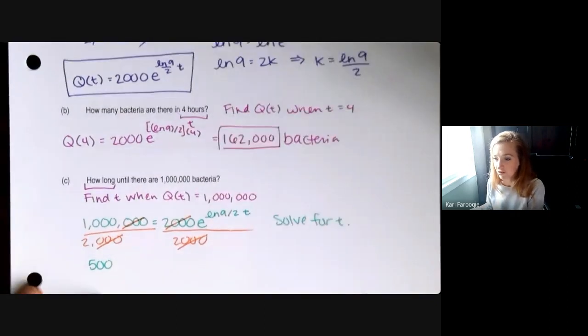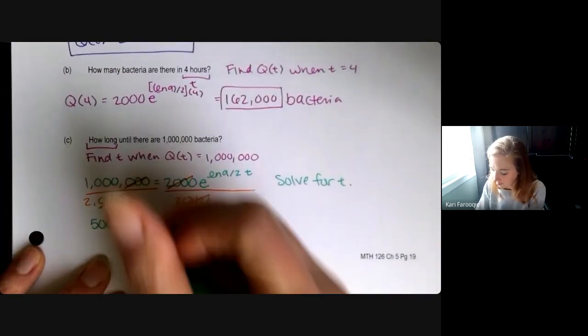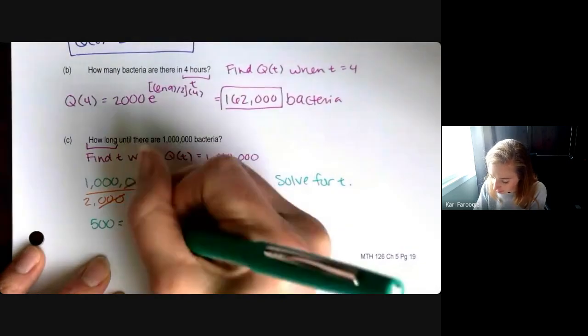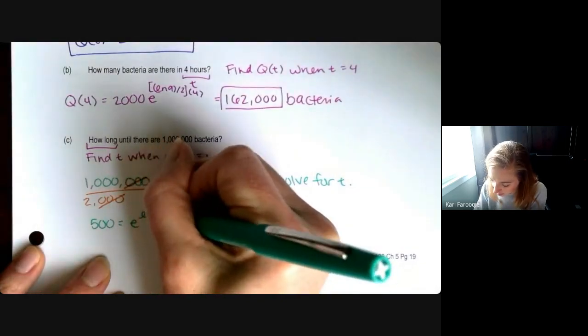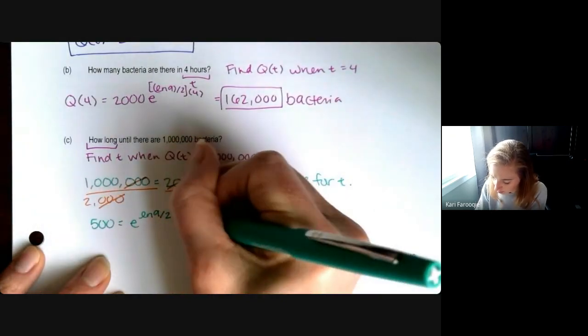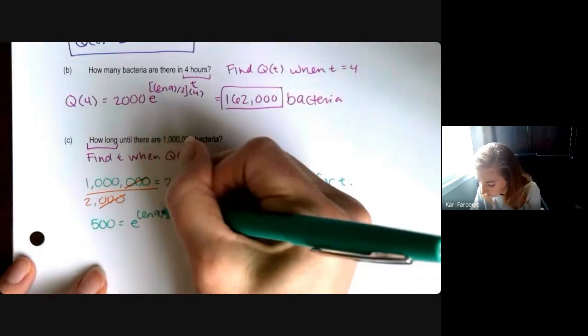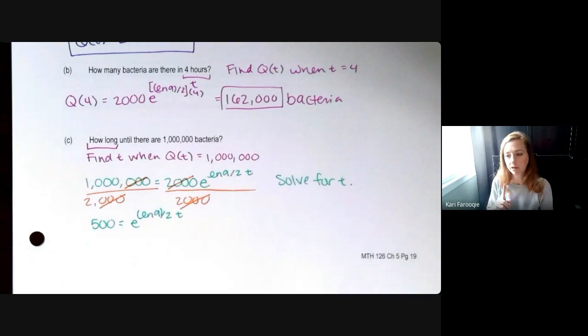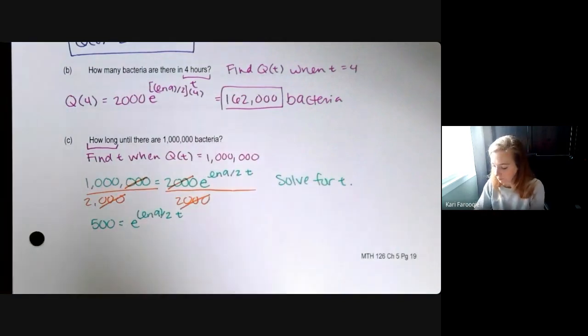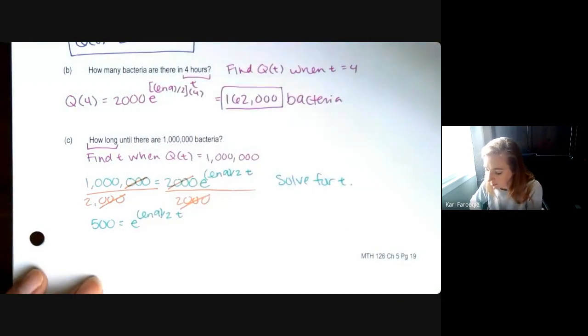So 500 is e to the ln 9 over 2 t. And I want to make sure this is not ln 9 halves. So ln 9 over 2. Should keep parentheses on that.